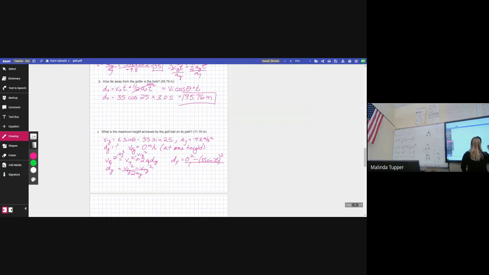Divided by 2 times negative 9.8. If I plug those numbers into my calculator, I get dy is 11.16 meters.